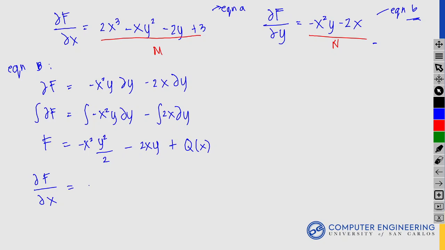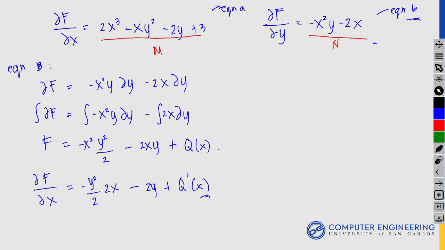So the derivative of x becomes minus y squared over 2. The derivative of x squared is 2x, minus 2y is a constant. The derivative of x is equal to 1, so this becomes minus 2y, and this becomes u prime of x. We don't know what u prime of x is.